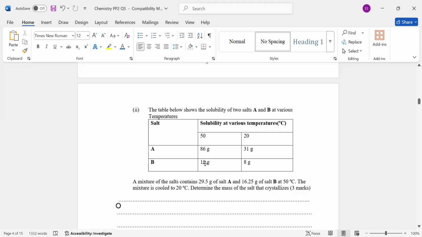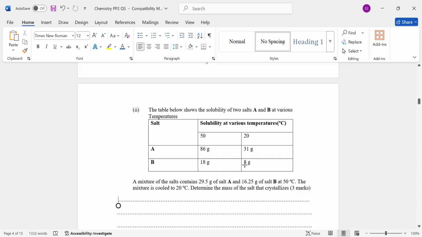At the same time, 18 grams of salt B is required to crystallize at 50 degrees Celsius. Remember, we are talking about the same solvent. Come to 20. 31 grams of salt A is required to crystallize at 20.